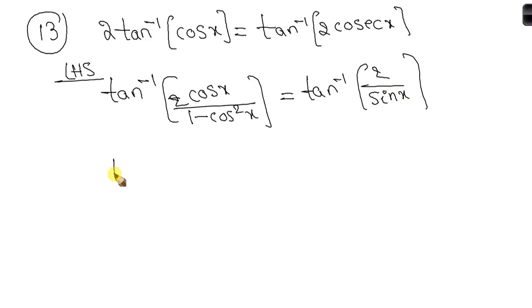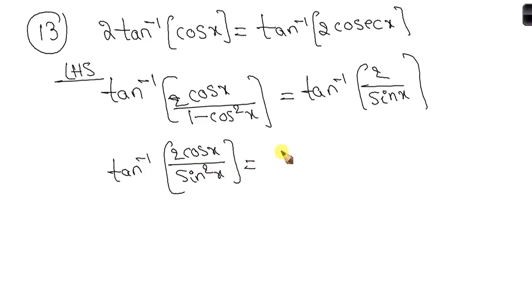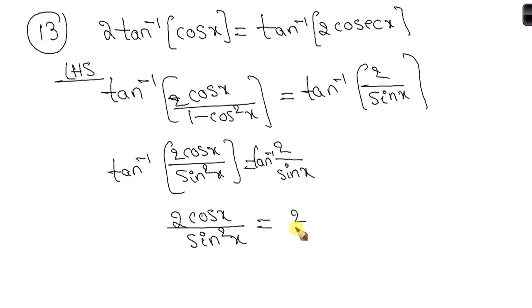So that is tan inverse of 2 cos x upon sin square x, equated to tan inverse of 2 upon sin x. So 2 cos x upon sin square x is equal to 2 upon sin x.